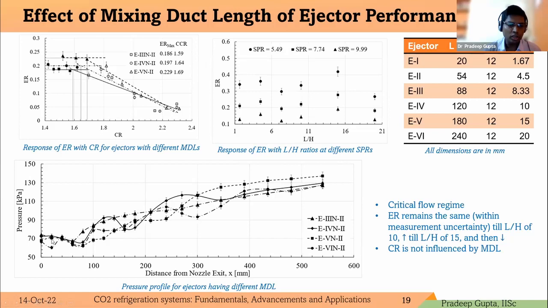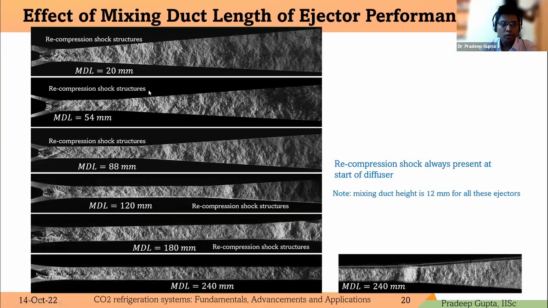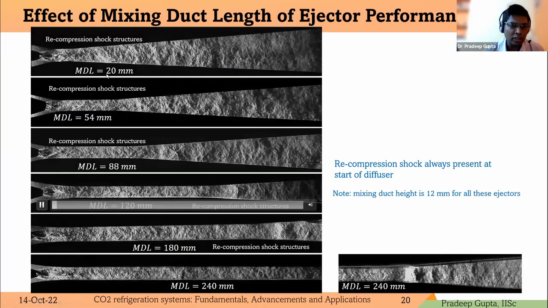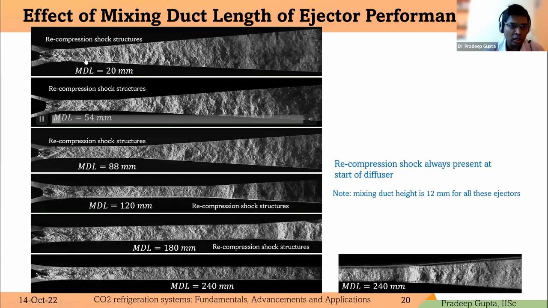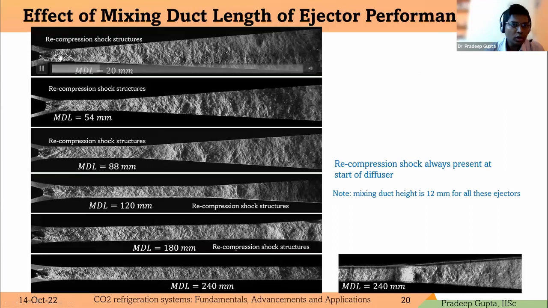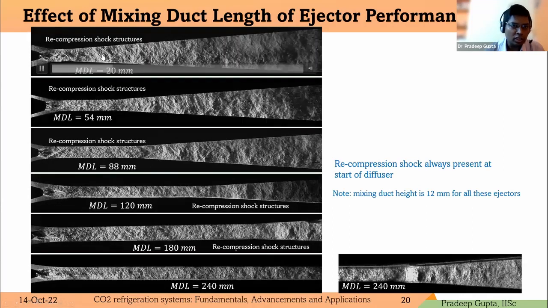This plot shows that we have dips in the pressure profile and the ejector operates in the critical mode operation. Here we can see there is no mixing duct length, or the mixing duct length is only about the height of this mixing duct. Still, we can see the shock structure in the diffuser.